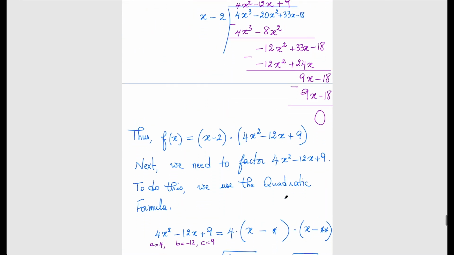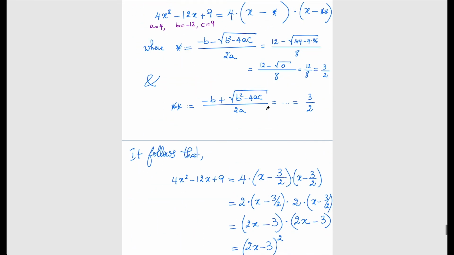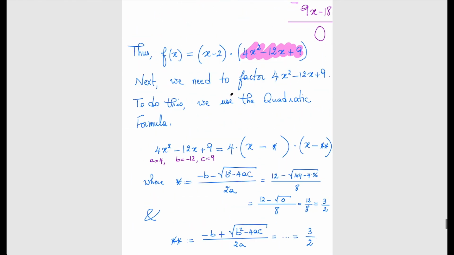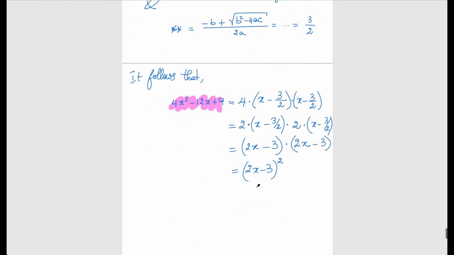So what do we get? We managed to factor this piece. It's right there. So what can we say then? f of x is going to be x minus 2 times this piece.